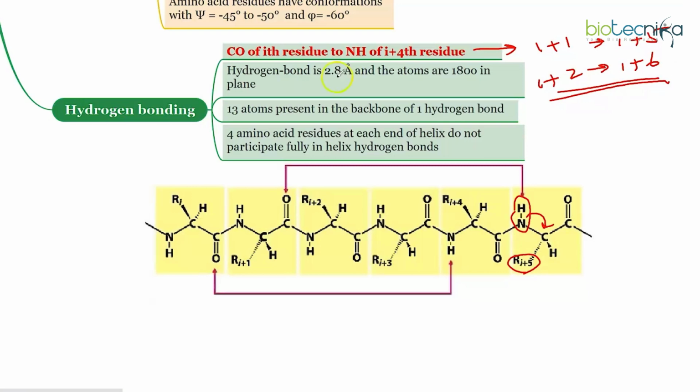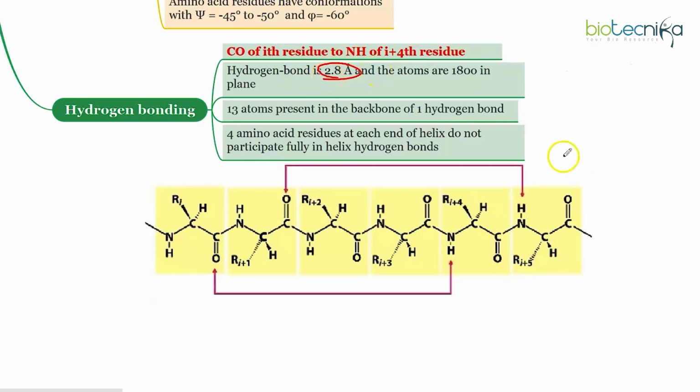Now, what is the length of hydrogen bond? We know the hydrogen bond consists of D, H and A, that is donor, hydrogen and acceptor atoms, right? So here these are the acceptor atoms and these are the donor atoms. So actually donor attacks the acceptor, but we write CO of I to NH of I plus 4 because of the numerical order.